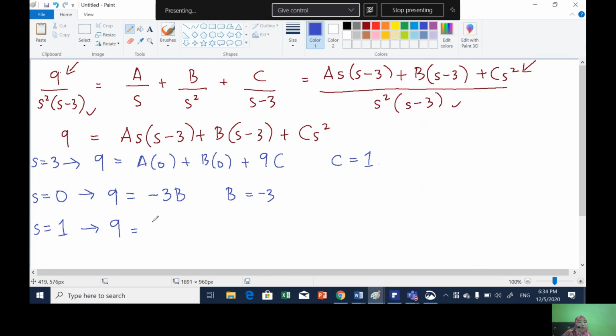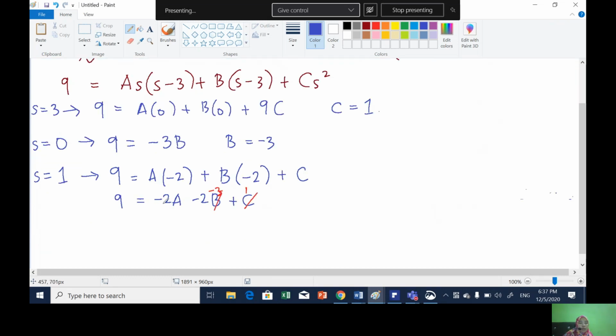Okay, so here we have A times 1 minus 3, which is negative 2, plus B times 1 minus 3, negative 2, then plus C. So next we have 9 that is equal to negative 2A minus 2B plus C.